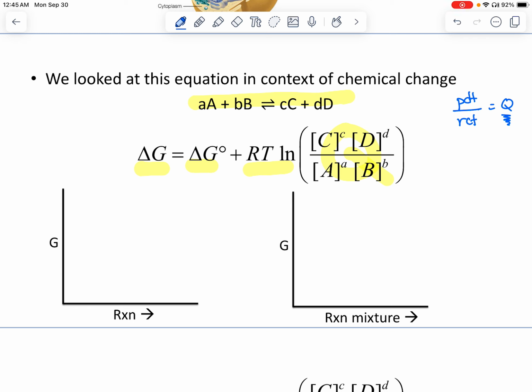I'm going to add a little prime symbol, because when we're talking about standard, it usually means 1 molar concentration. But in biochem, we're going to talk about pH of 7, so our H+ can't be at 1 molar concentration. That's that little extra piece.